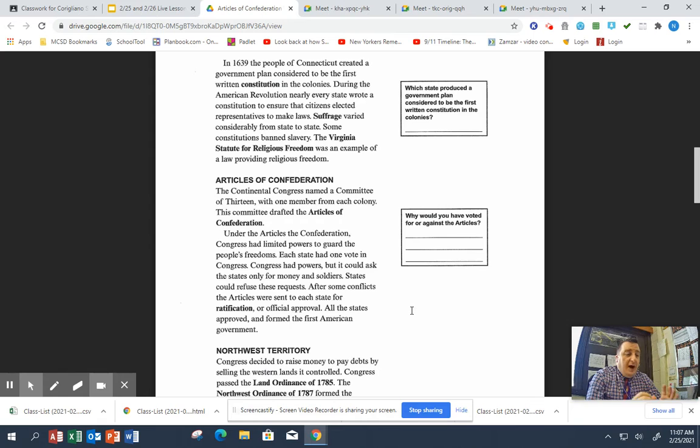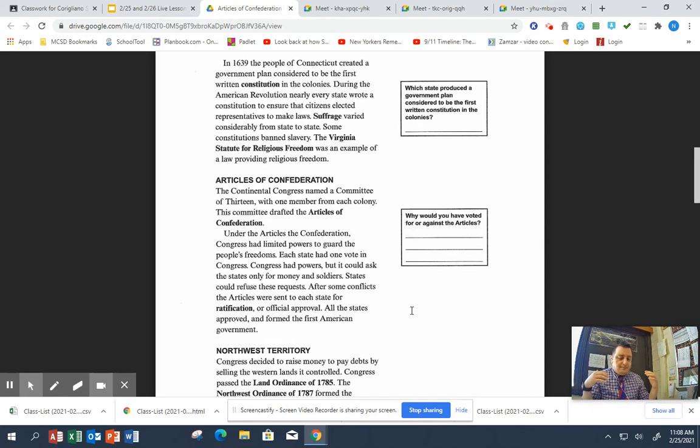Okay? So obviously, after reading this, we can tell that the states had more power than the federal government. Each state had one vote in Congress. Congress had powers, but could ask the states only for money and soldiers. That's all it could ask the states for.